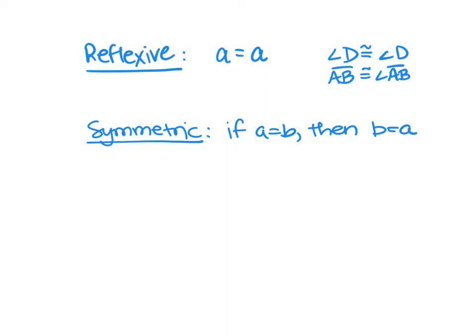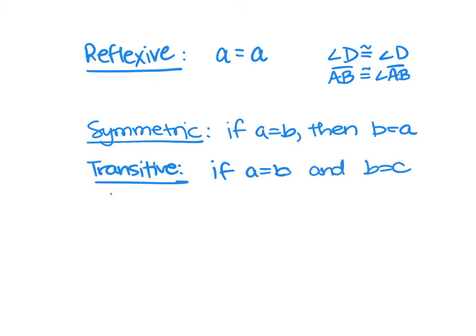And then transitive starts out the same. If A equals B, and B equals C, then maybe you can figure out what it's going to be.